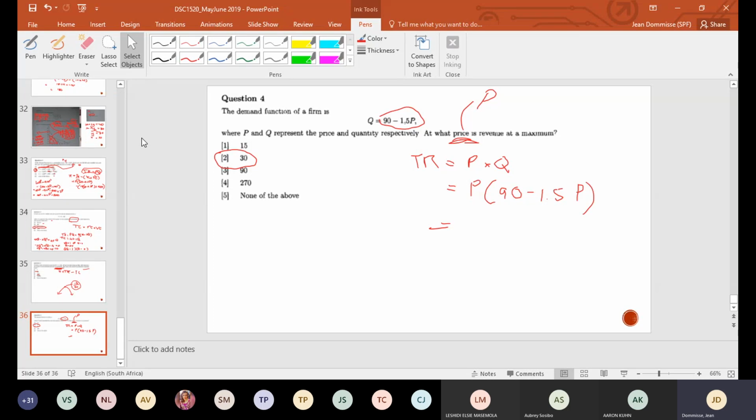So let's quickly check. Oh, I see scribbles here. Okay, so there were other answers also. Was there another one that I needed to look at for you guys before we say good luck? Let me quickly scroll through. Quickly shout out another question and then I'll look at it.